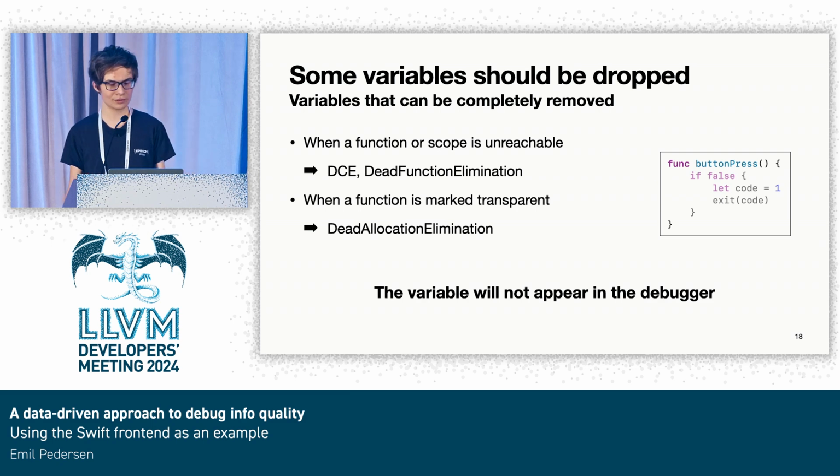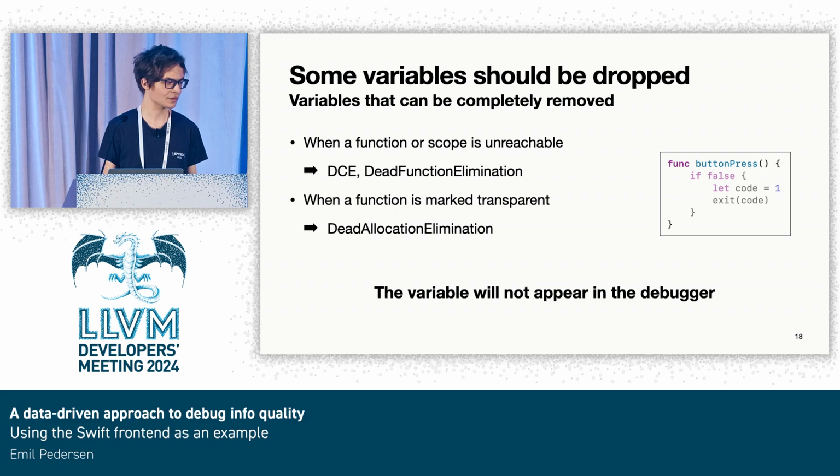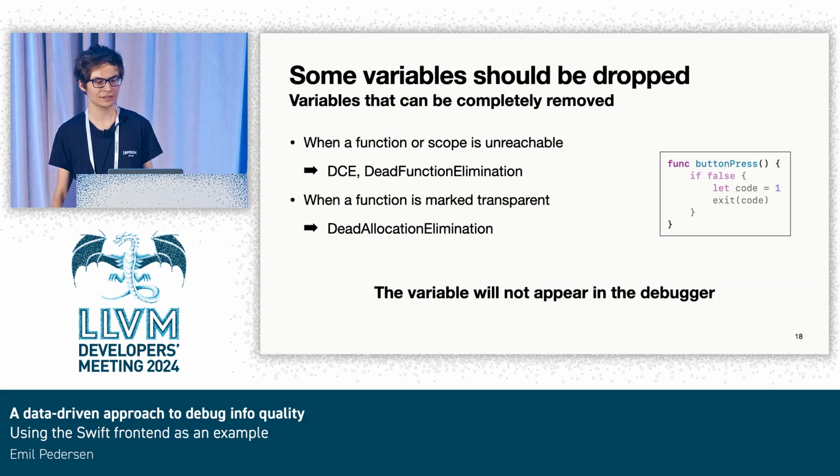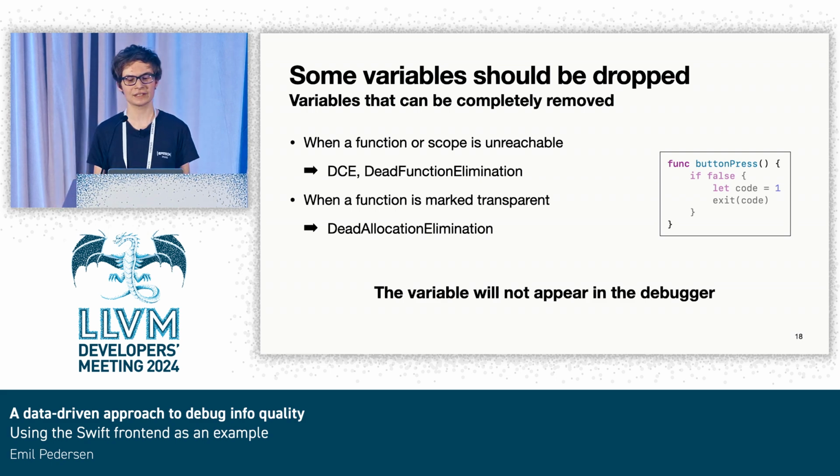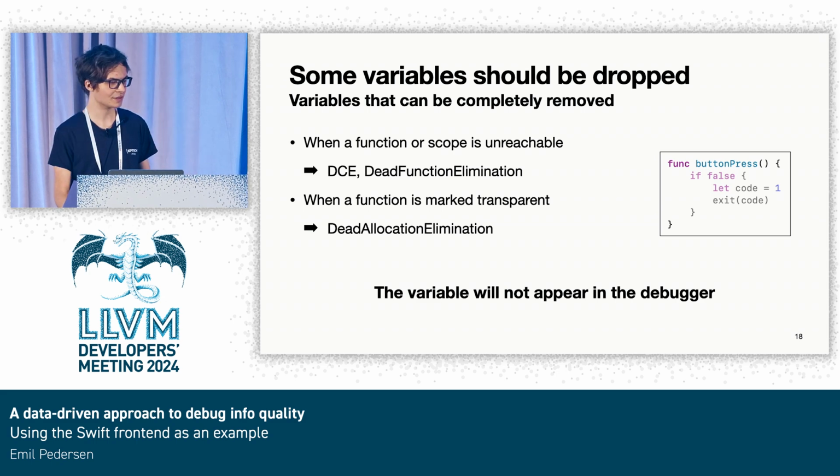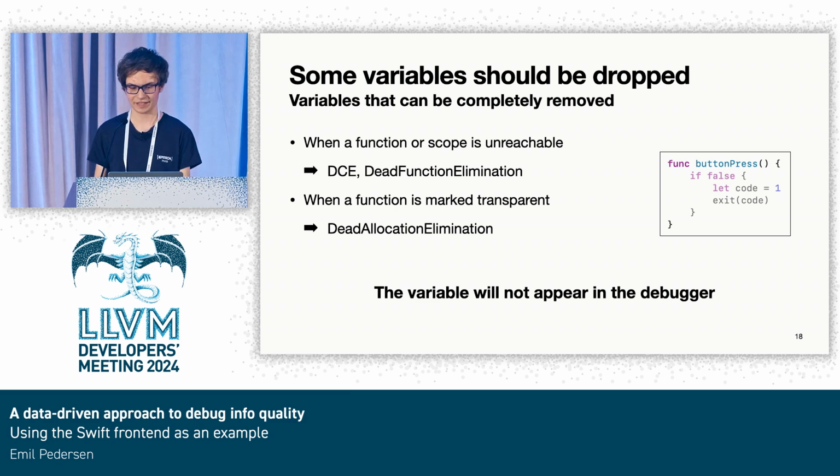Same thing when a scope within a function becomes unreachable, which means that the scope would be visible on none of the instructions on which I could set a breakpoint, then dropping the variable is fine. Also, the standard library defines transparent functions, which means we don't allow stepping into them, so those variables can be deleted too. So the variables will not appear in the debugger in this case.